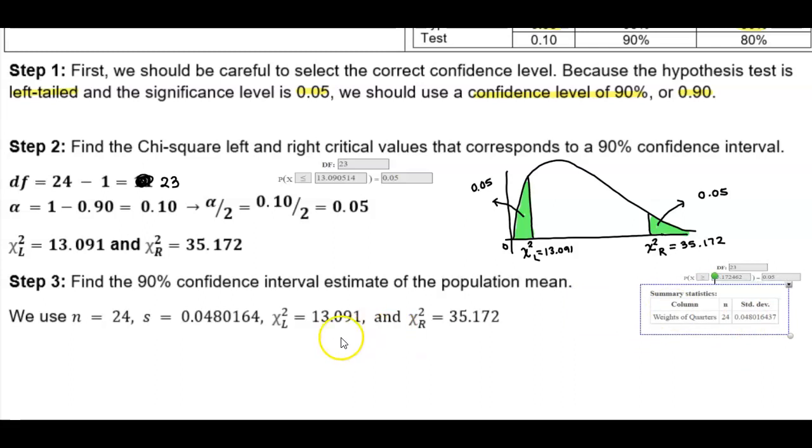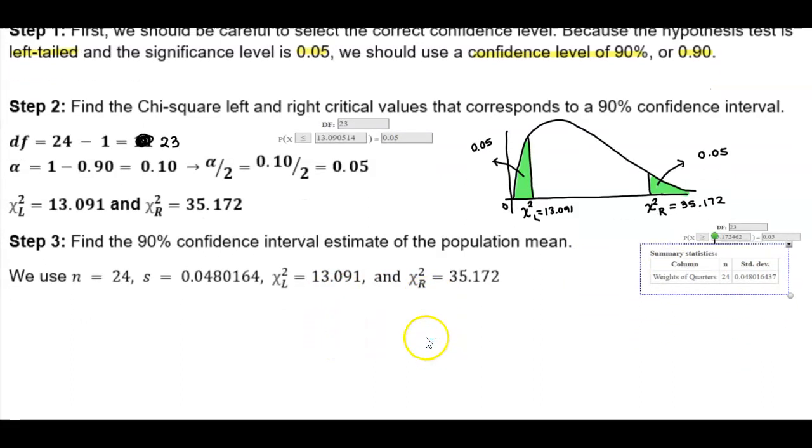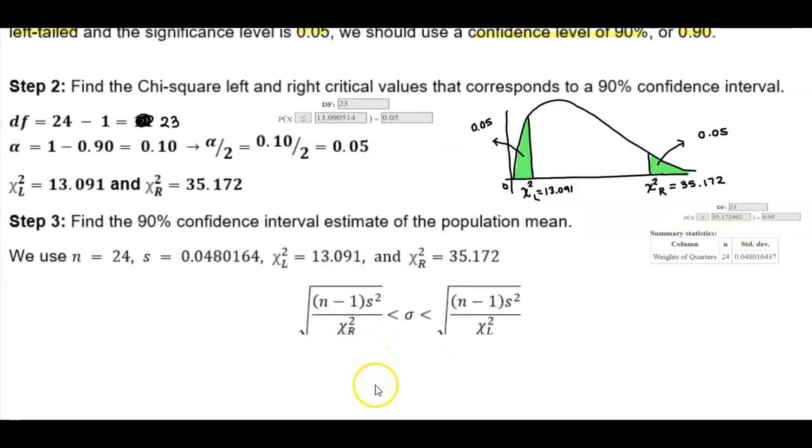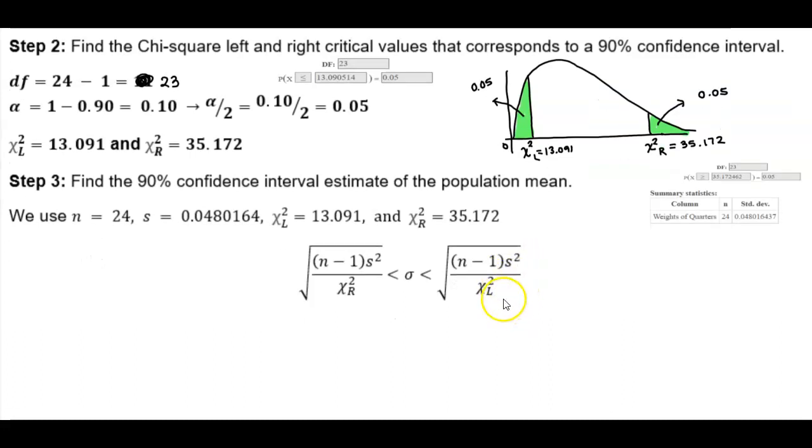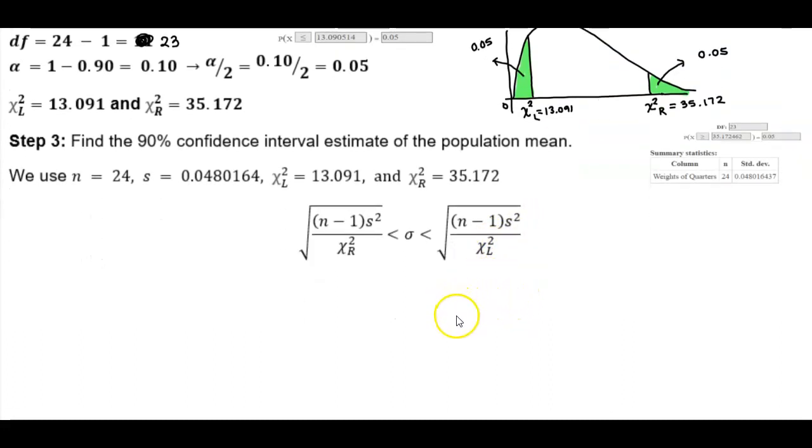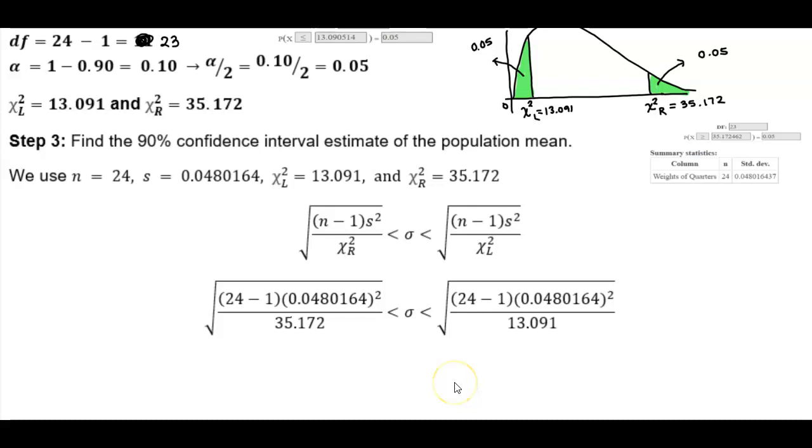Then we have our chi-square to the left and chi-square on the right values. We're going to use this formula for the confidence interval: n minus 1 times the sample standard deviation squared over chi-squared on the right, and on the other side, n minus 1 times the standard deviation squared over chi-squared on the left.